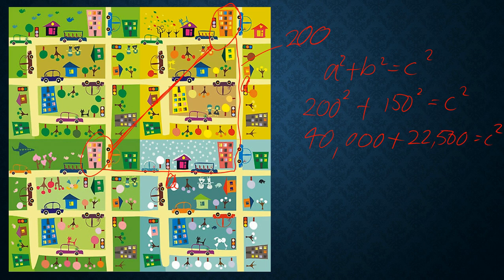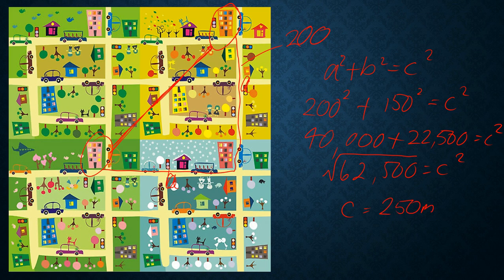We add those together and we get 62,500 for c squared. And to find the answer of c, what we have to do is the square root of 62,500, which comes out to be 250 metres.